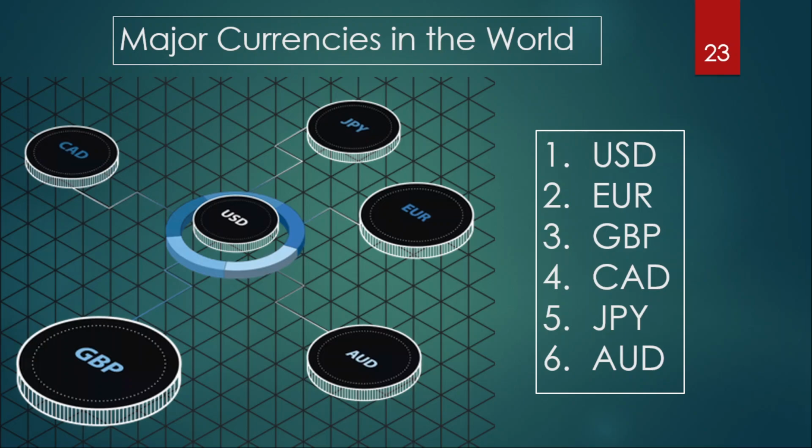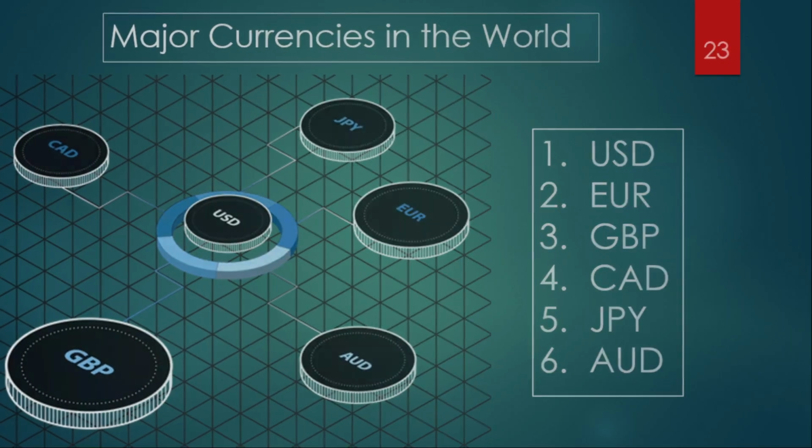The major currencies are the US dollar, abbreviated as USD; the euro, abbreviated as EUR; the Great British Pound, abbreviated as GBP; the Canadian dollar, abbreviated as CAD; the Japanese yen, abbreviated as JPY; and the Australian dollar. These are the major currencies in the world.